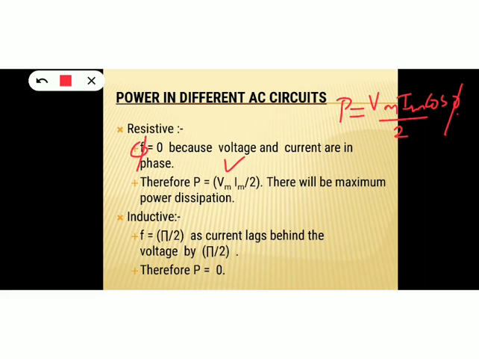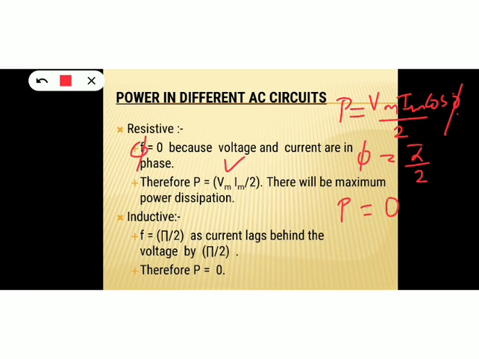Now, when phi is equal to pi by 2, power P will be equal to 0, because cos pi by 2 is 0, and it will be an inductive or capacitive circuit.